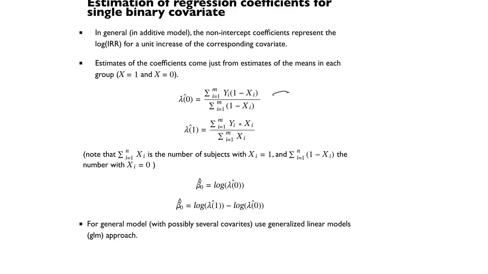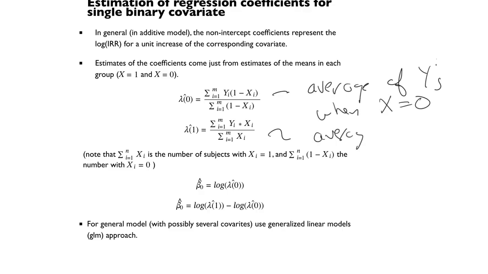It's just the average of y's when x is 0, and this is the average when x is 1. That's all it is. So again, I know this was the log of the average when x is 0. So I take the log of that number that I estimated right from the data, I get beta 0 hat.